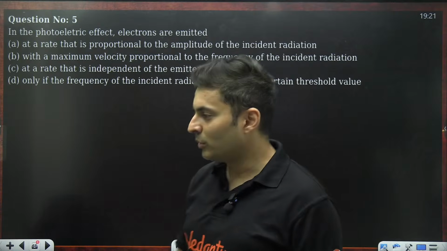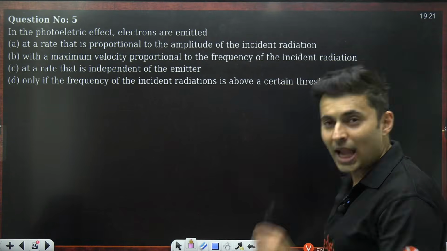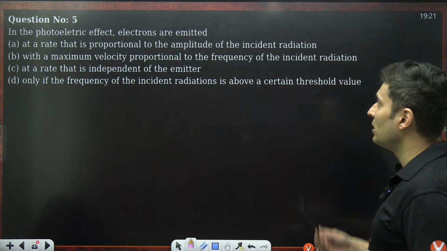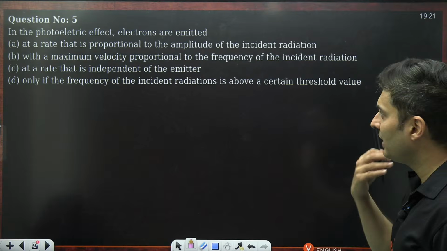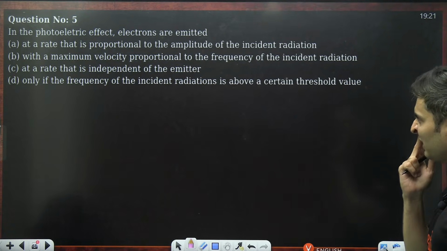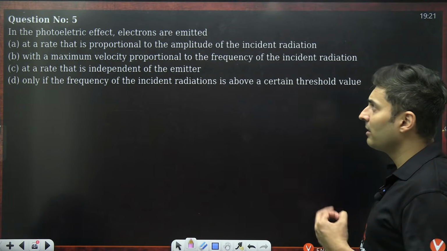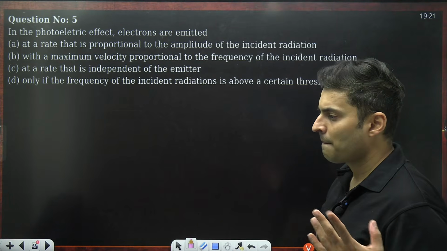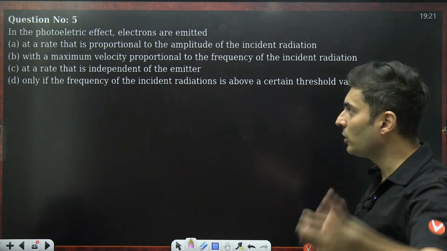Okay, so don't mind. In the photoelectric effect, electrons are emitted at a rate that is proportional to the amplitude, with maximum velocity proportional to frequency, at a rate independent of the emitter, only if the frequency of incident radiation is above a certain threshold value. So electrons which come out from that surface, what can you talk about it?